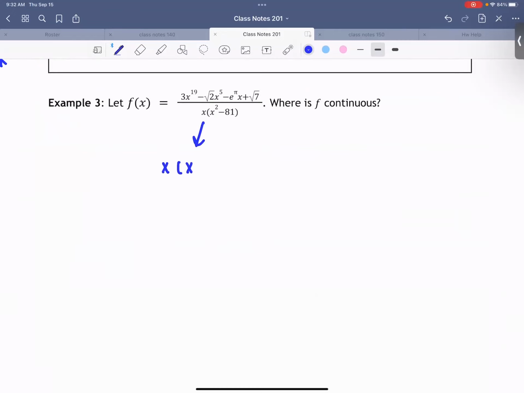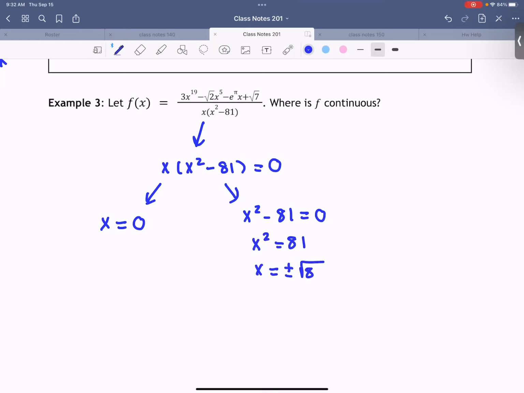If you don't know where the 0, 9, and -9 came from, we're going to take the denominator, set it equal to 0, right? We have that thing called the zero factor theorem that says we can take each multiplied factor, set it equal to 0, and solve for x. Okay, so x squared equals 81, x equals plus or minus the square root of 81, x equals plus or minus 9. Okay, so that's how we get those numbers.